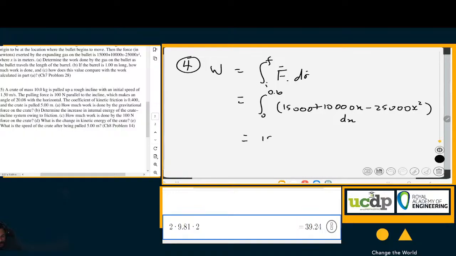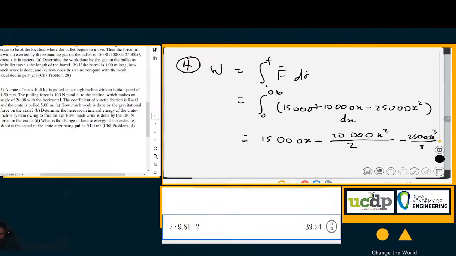If you integrate it, you get 15,000 x minus, if you remember your rules of integration, 10,000 x squared over 2, minus 25,000 x cubed over 3.